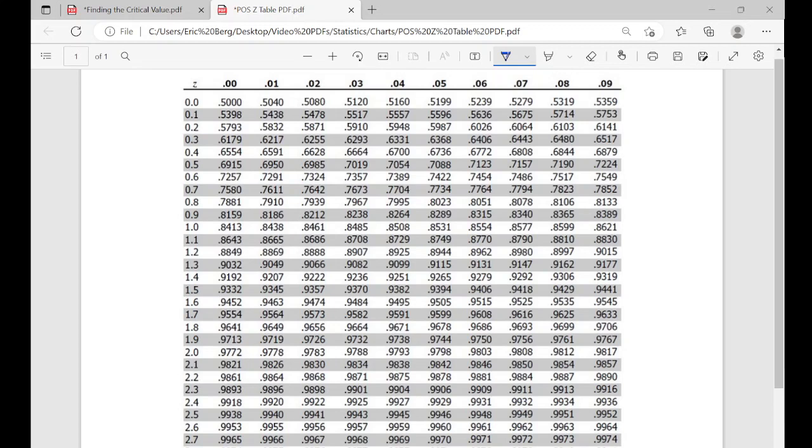And we're looking the closest to 0.90, which is going to be right here, 0.8997. So the z-score that corresponds to it is 1.28. So 1.28 is the z-score that is closest to 0.90.